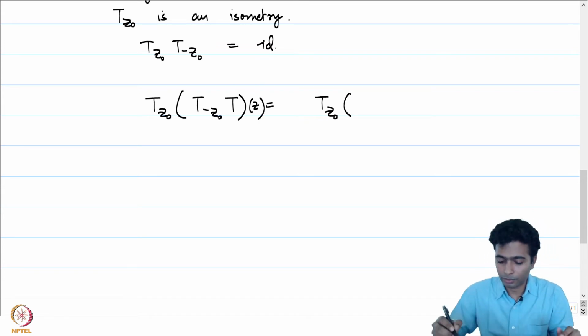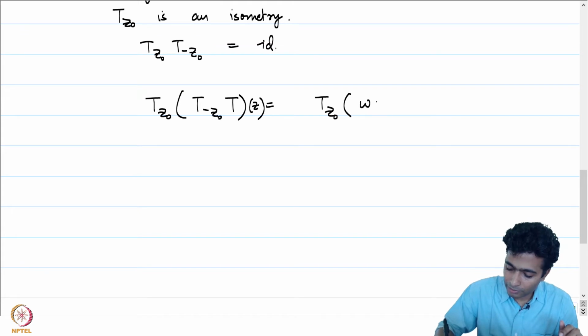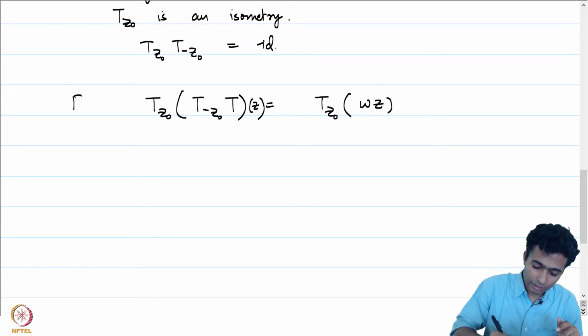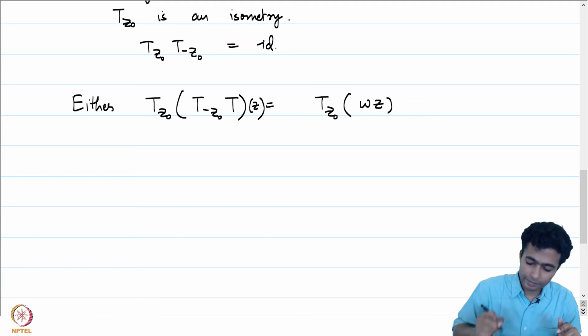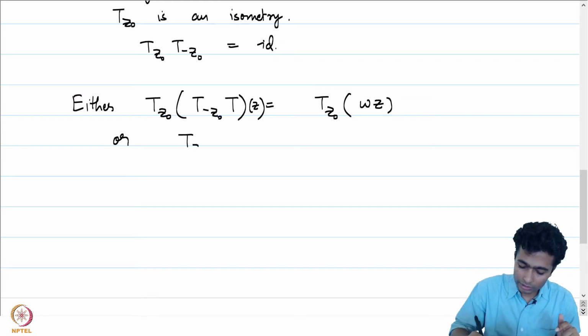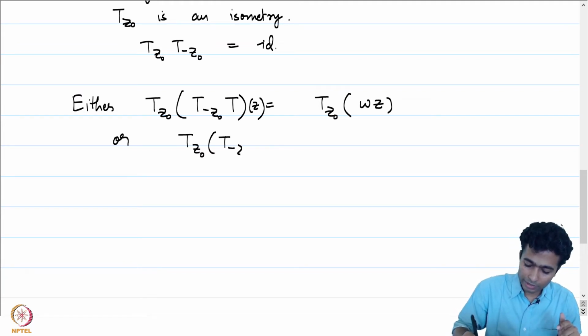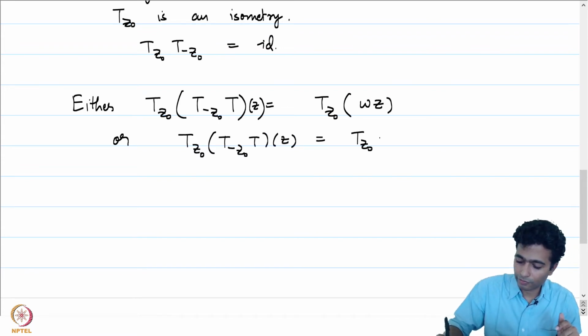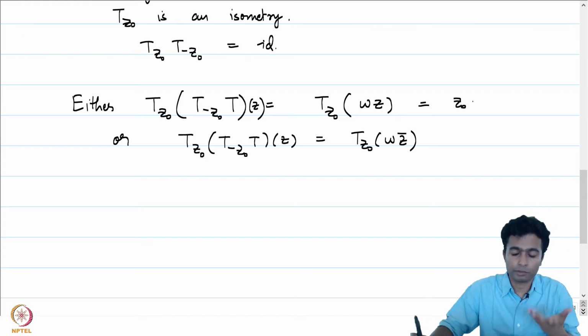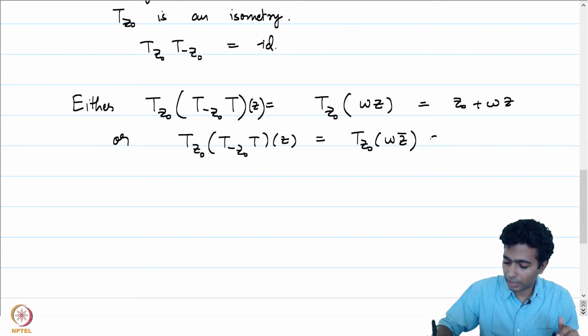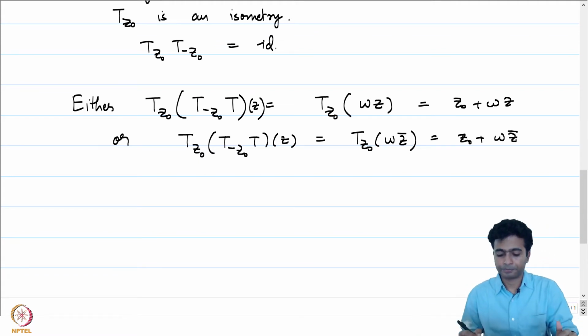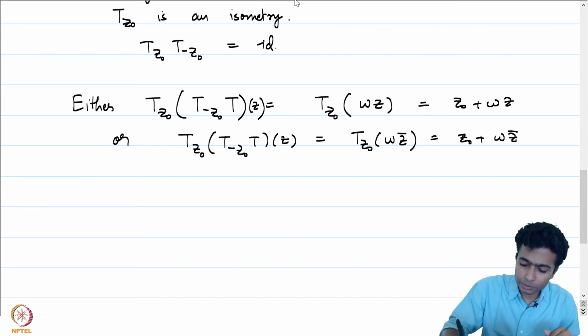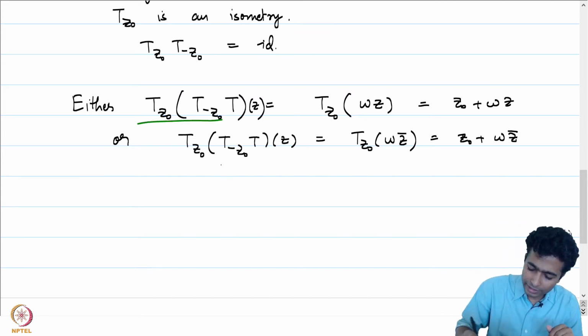Either this is satisfied, T z0 of omega times z, or T z0 composed with T minus z0 composed with T of z is equal to T z0 of omega times z bar. Well, what is the first one? The first one is z0 plus omega times z, and the second one is z0 plus omega times z bar. But then let's try to study what the left hand side is.